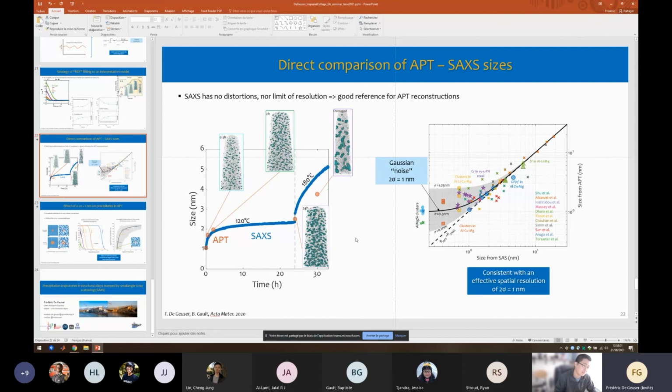So it's important to keep this in mind, and especially to compare this 1 nanometer value with values that you will inject in, let's say, the maximum separation method or any cluster search method, because you will typically use values of about 0.something nanometer, which are actually lower than this resolution.